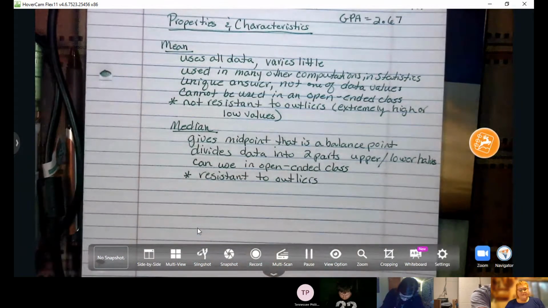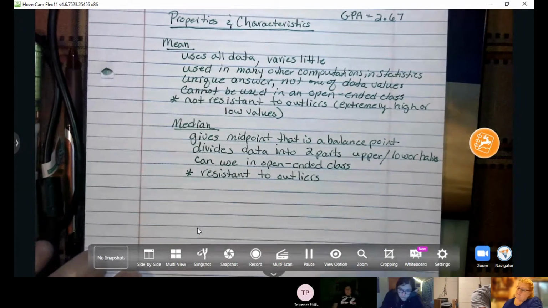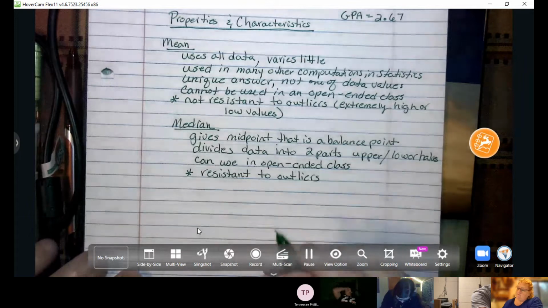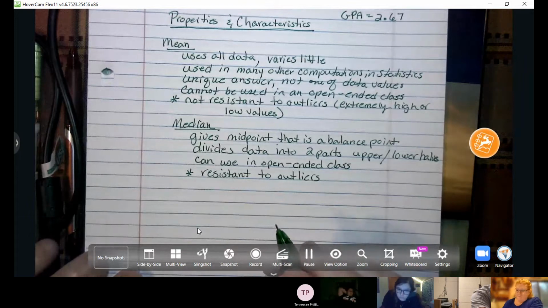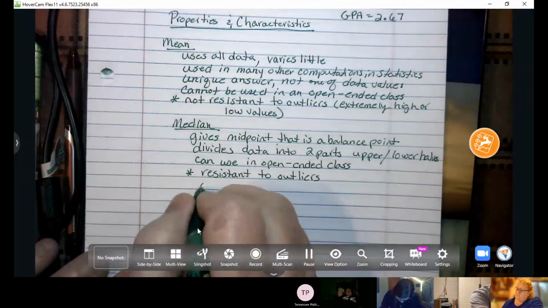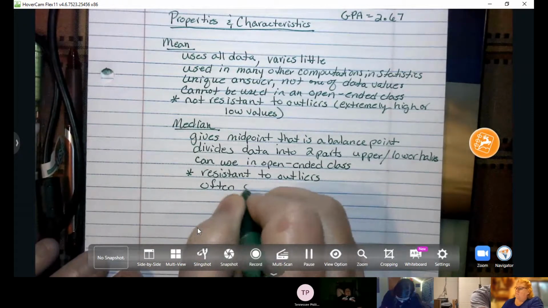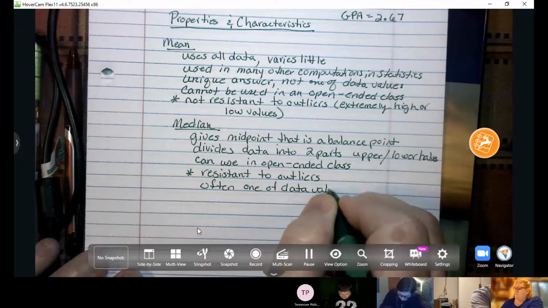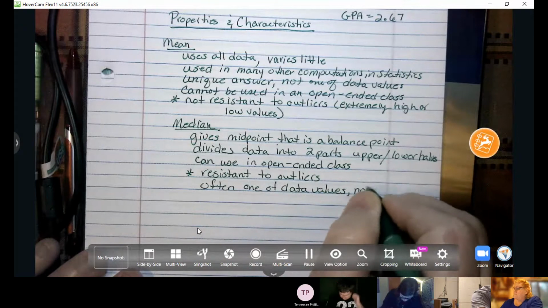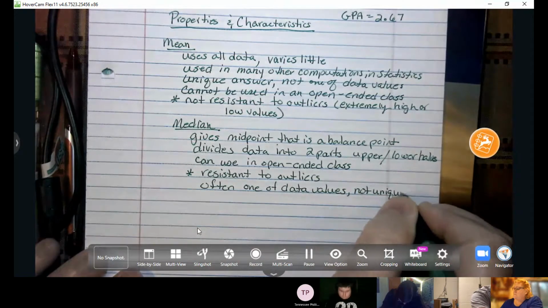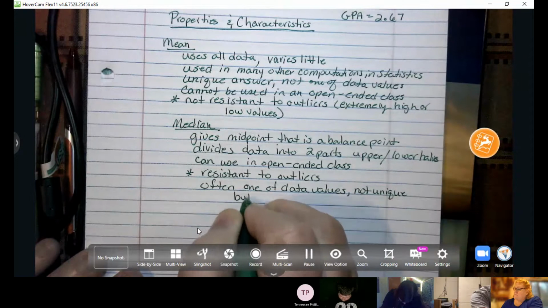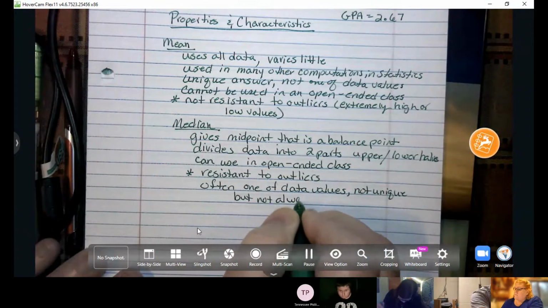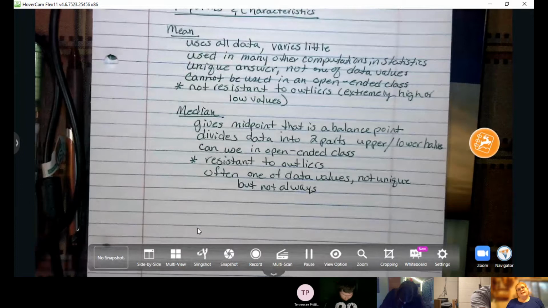And the median is resistant to outliers. Often, the median is one of the actual data values.